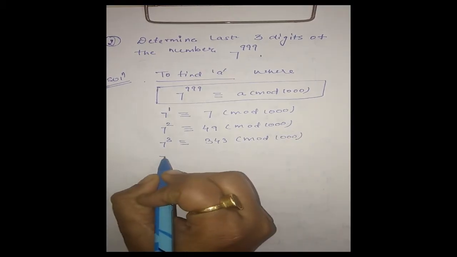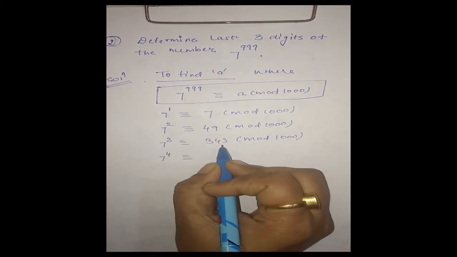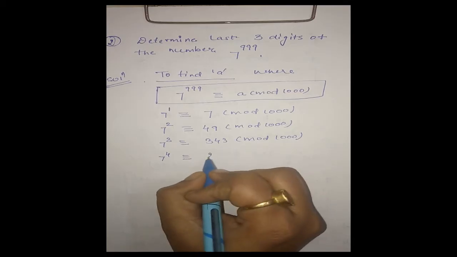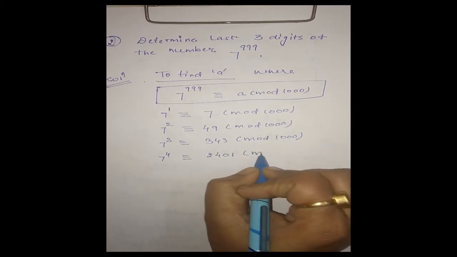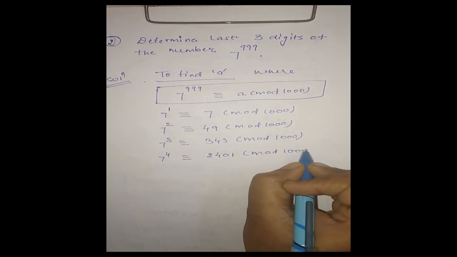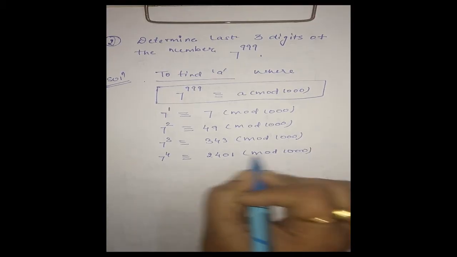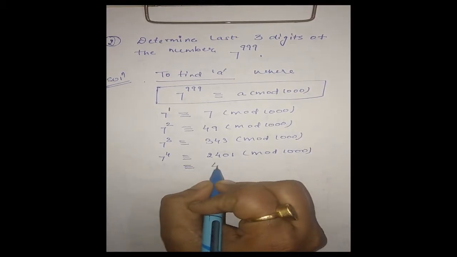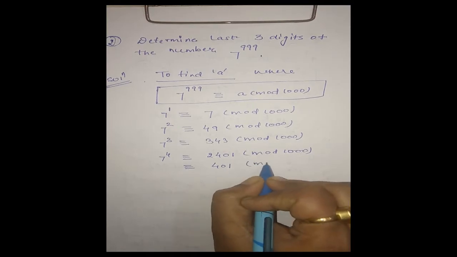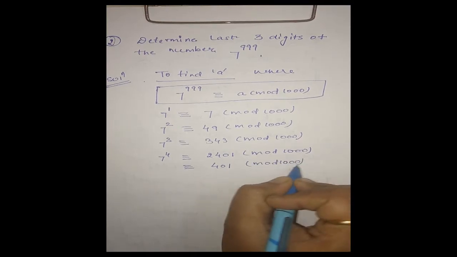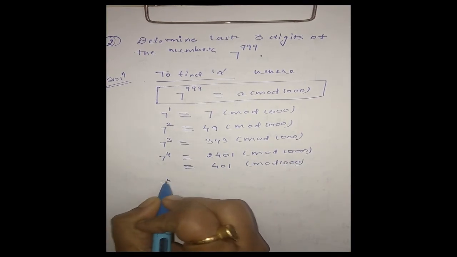and 7 power 4, on multiplying by 7 both sides, is 2401 modulo 1000. This number is more than 1000. On dividing this number by 1000, we get remainder as 401 modulo 1000. Okay, 7 power 5.